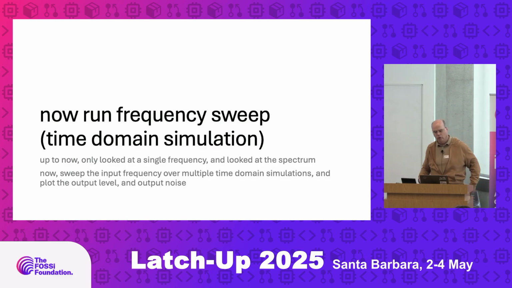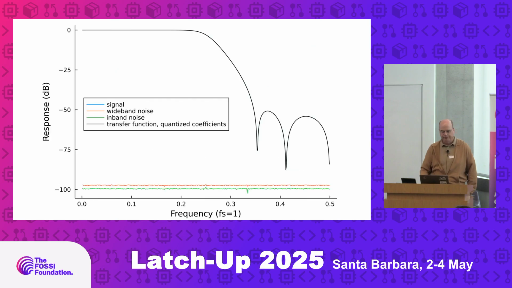Stick the whole thing in a for loop. Grab the magnitude of the output, maybe the noise as well, and start plotting. And we reproduce the transfer function. Now, there's actually two lines on top of each other here. One is the measured, and one was from the transfer function. But you have to take my word for it.